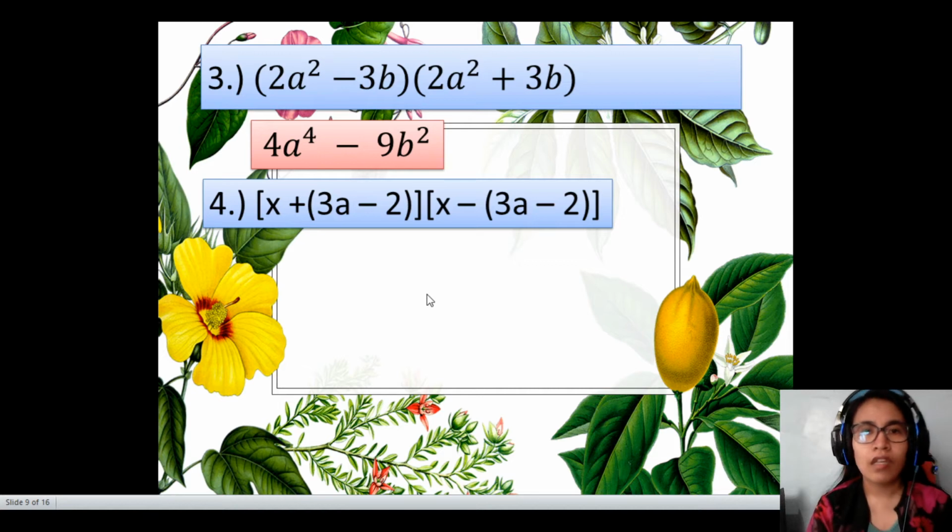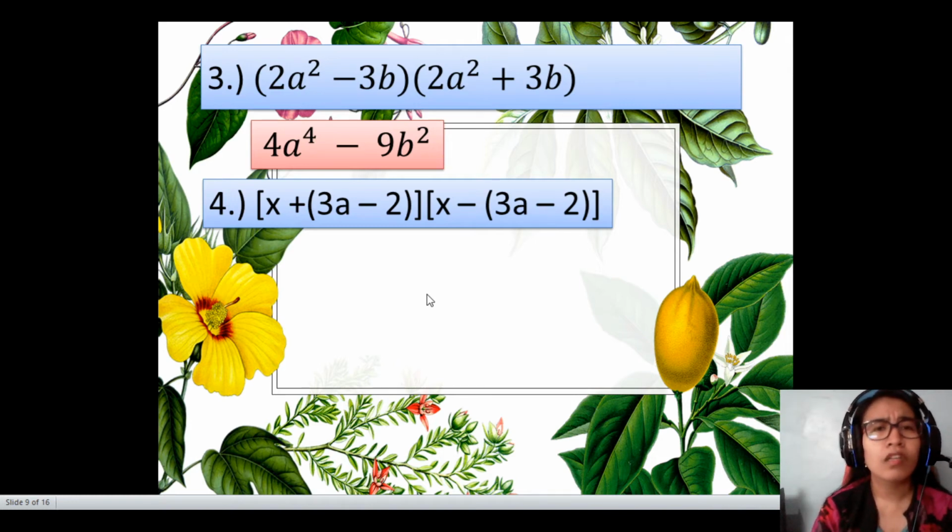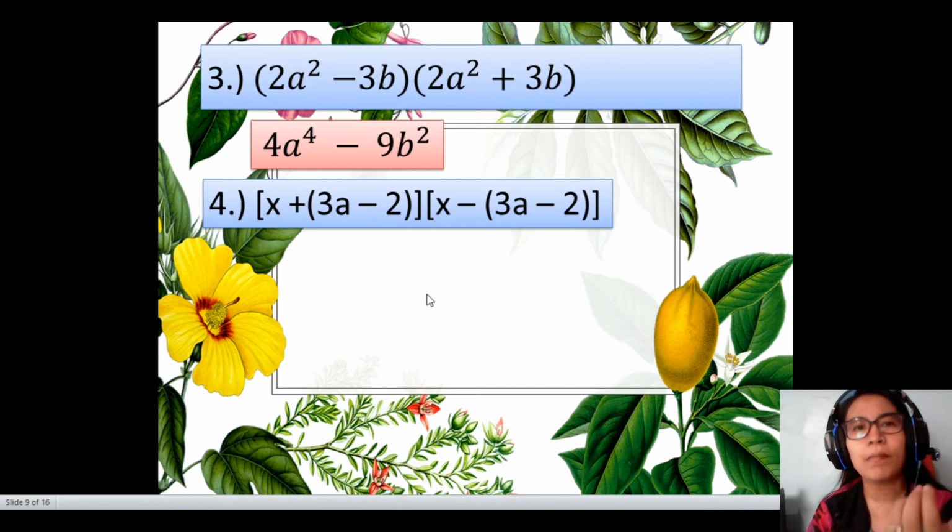Next, how about if it looks something like this? x plus quantity 3a minus 2, then another x minus 3a minus 2. It is a little bit confusing, but you will just apply the same process. Let me show you.